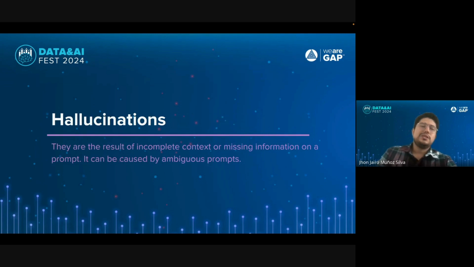And not being clear enough, not having enough information about the task that you are trying to achieve, not knowing the details of the specific prompt that you are passing, will lead to something called hallucinations. And for this one, I also want to give an example.